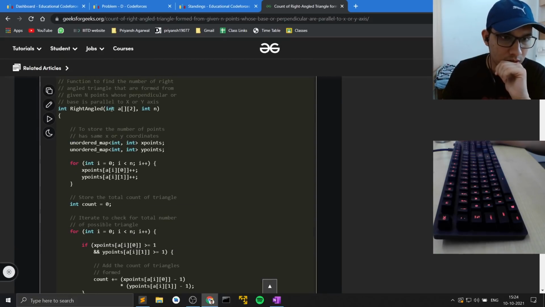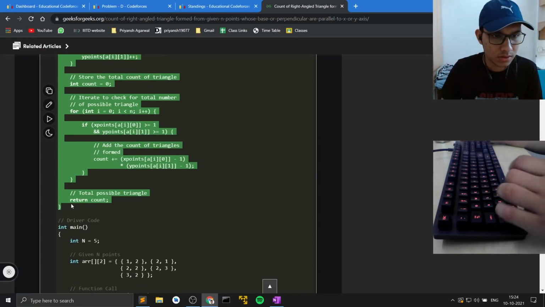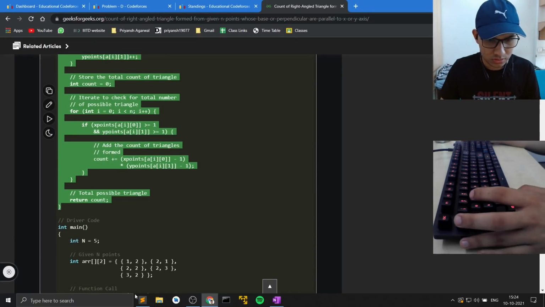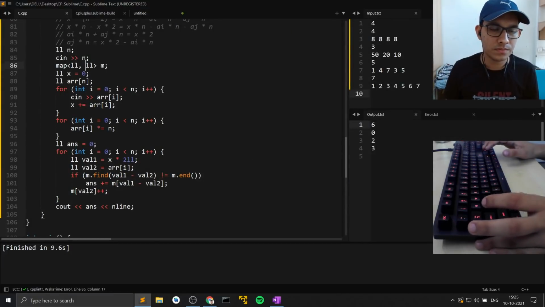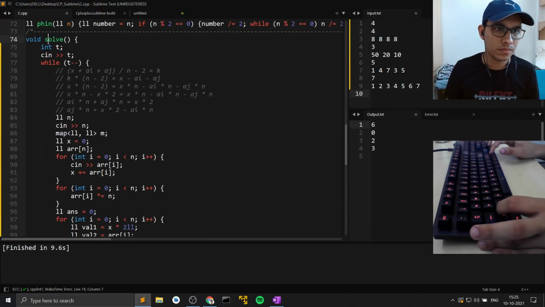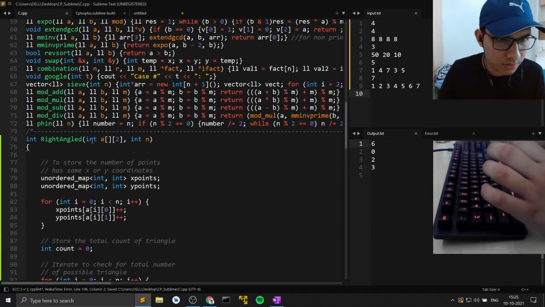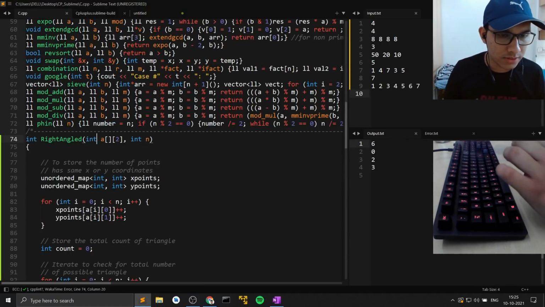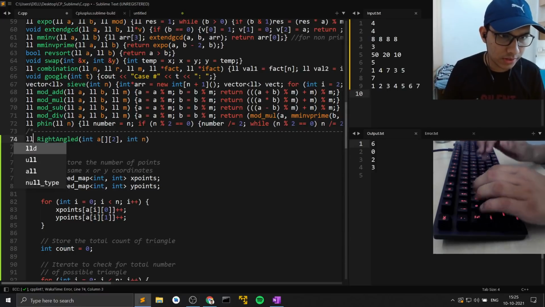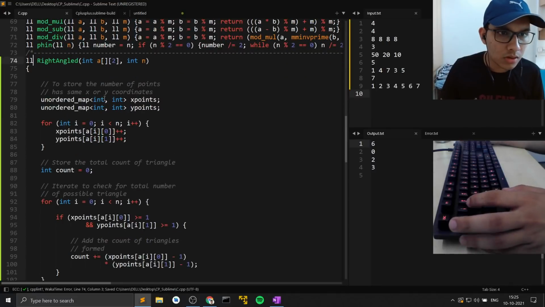Okay, now I'm not sure how this works, but I'm just going to copy it. Right, so this is what I have. These are the points, fine. And let's do LL, number of points that have same x or y.